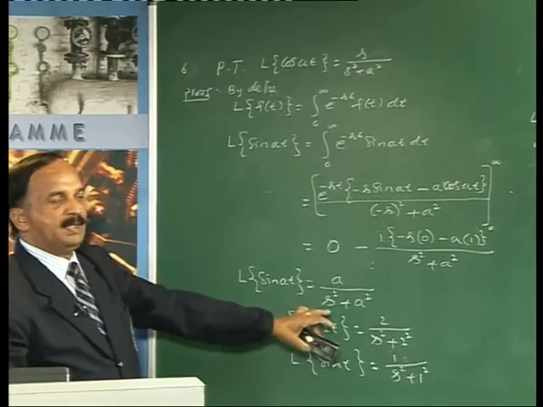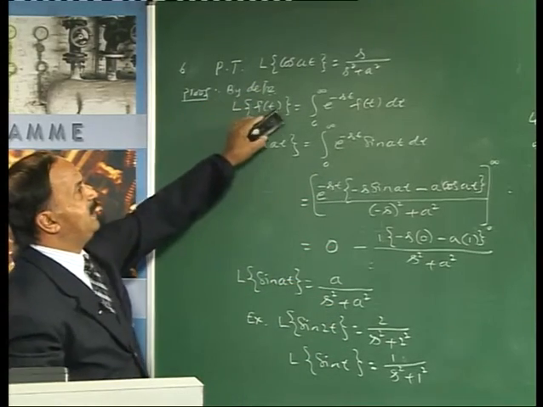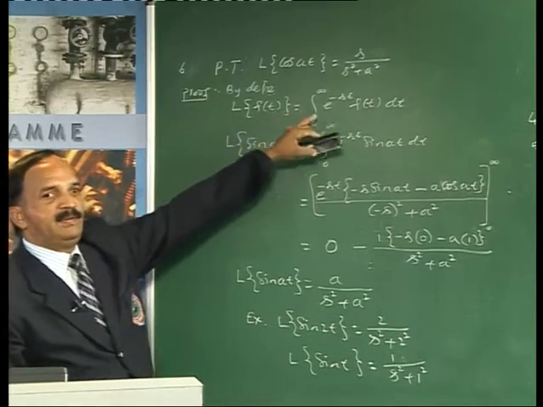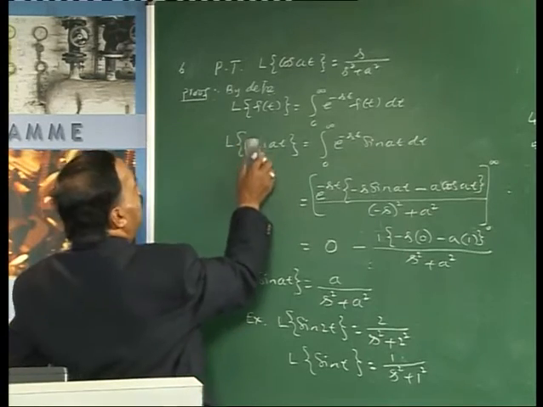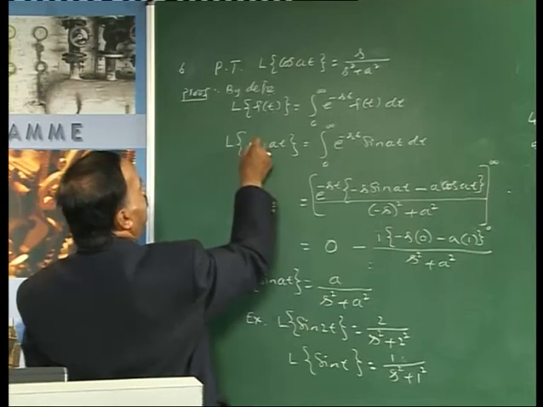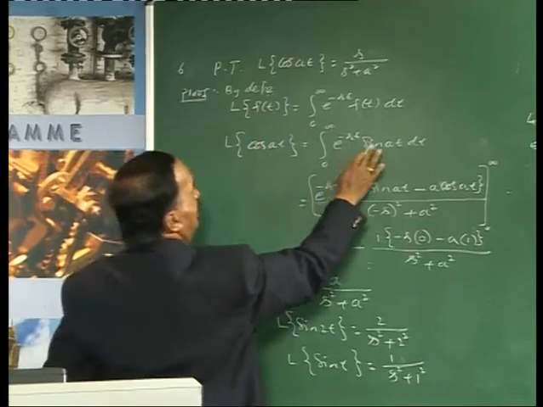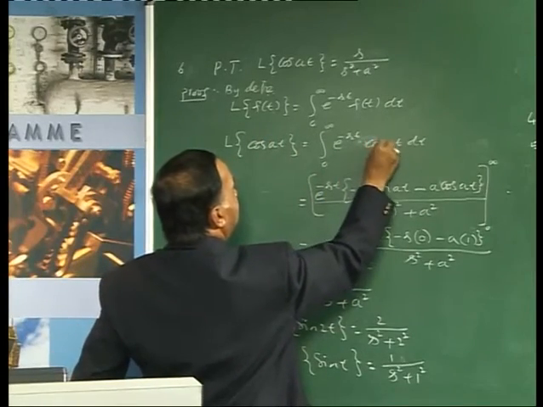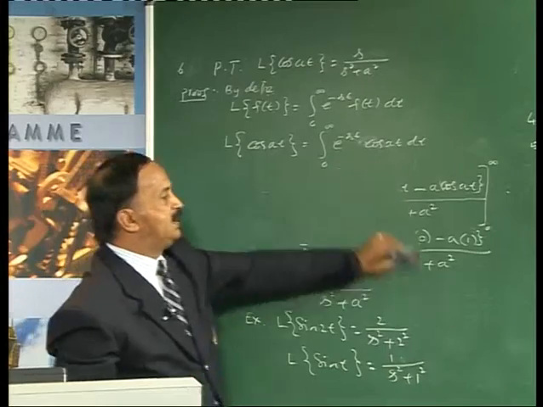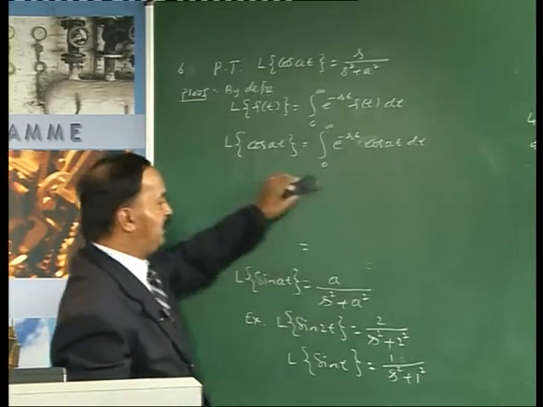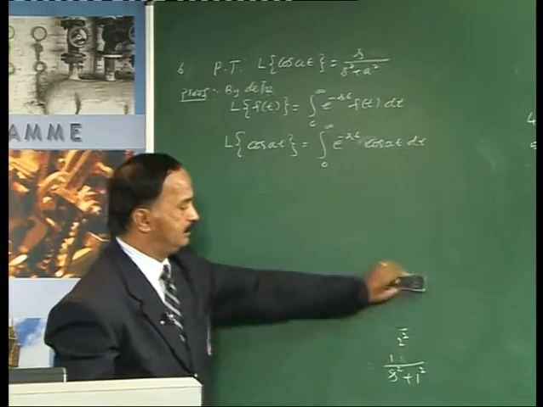Same procedure, same method. First you write the definition. In place of f of t, you write cos at. Here we want L of cos at, that means in place of f of t, write cos at.